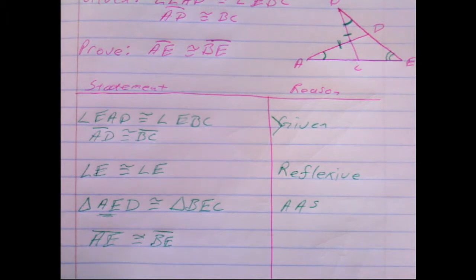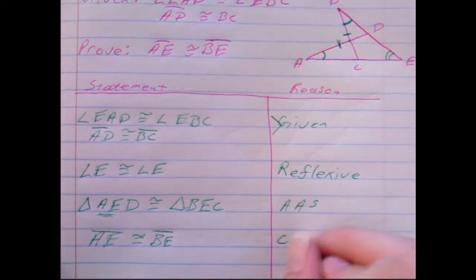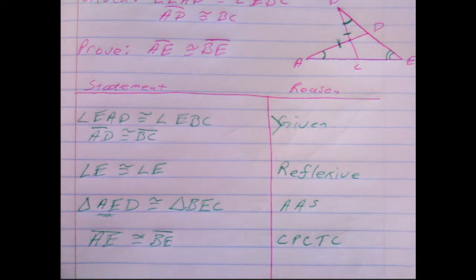And we can say that those are congruent because congruent parts of congruent triangles are congruent. If you remember those 5 letters, we did those a week and a half ago, I believe. So congruent parts of congruent triangles are congruent. Since we proved the triangles congruent, then we know the segments all have to be congruent.